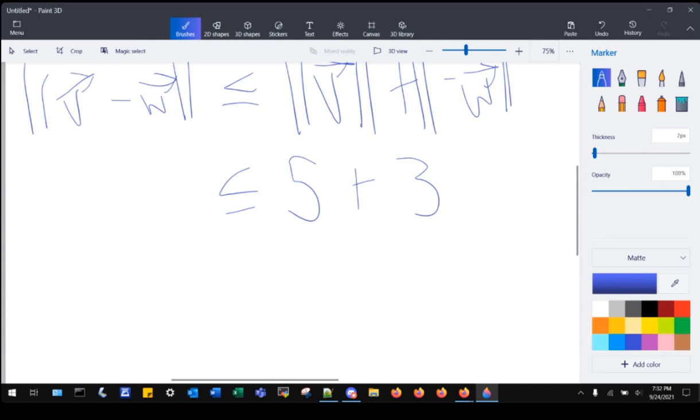So is it 2 less than or equal to 8? I don't think it's that easy, because it's asking for the largest and smallest value.